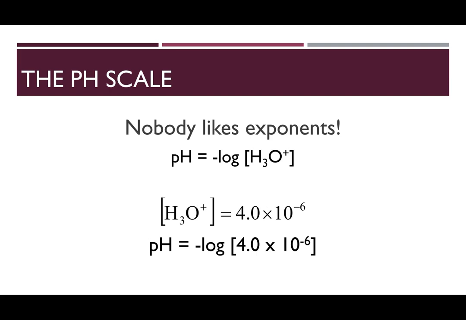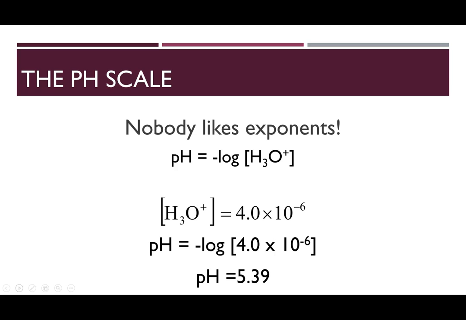So to determine the pH of this solution, I literally would type into my calculator, negative, then I would find the log button, log. Then I would type 4.0 times 10 to the negative 6th, close that parentheses, and hit equals. So the pH of this solution is 5.39.